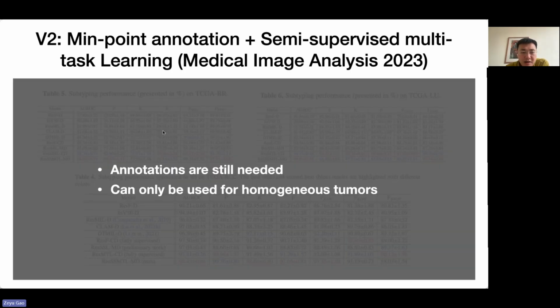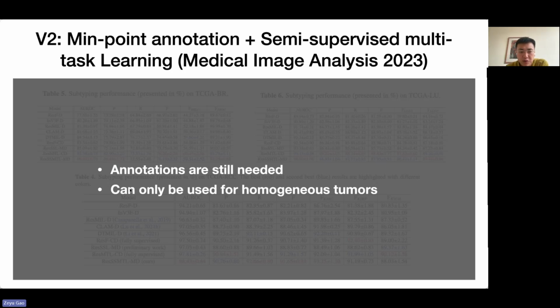But still, annotations are needed. Also, this framework, which we designed for tumor detection and subtyping, can only be used for homogeneous tumors, where a slide only contains one kind of subtype, but cannot be used for cases with several mixed subtypes.